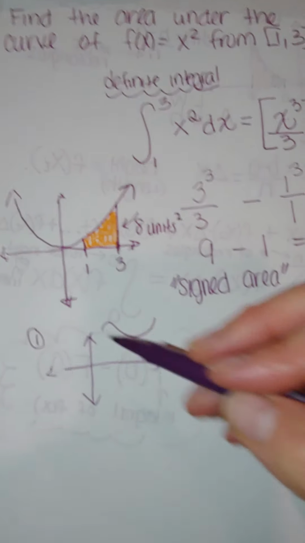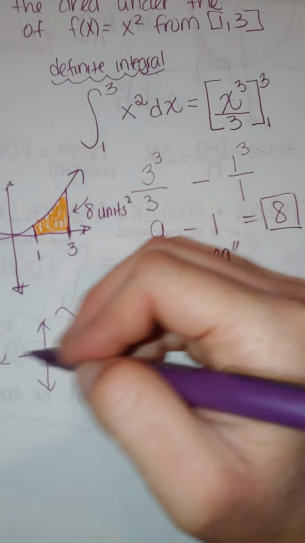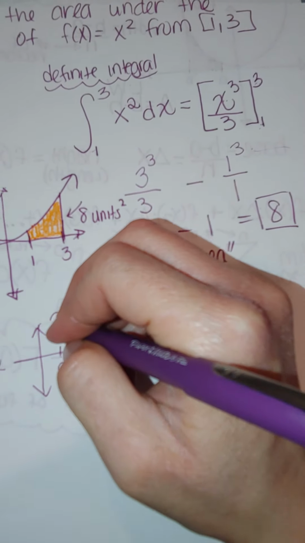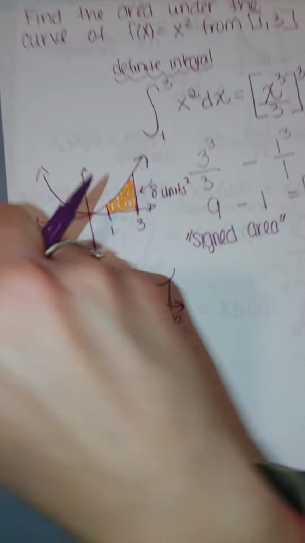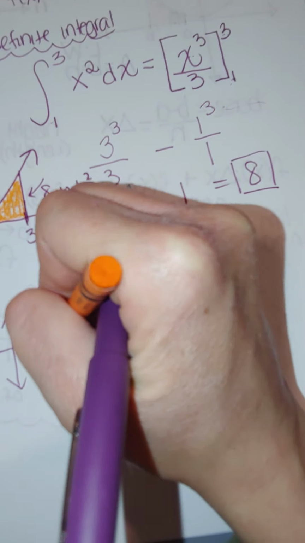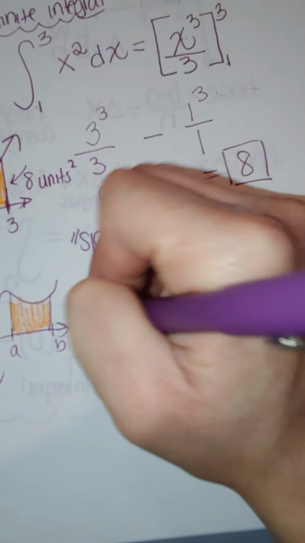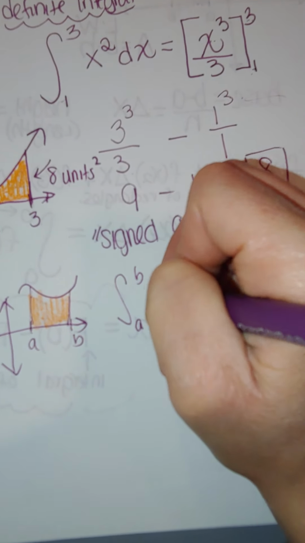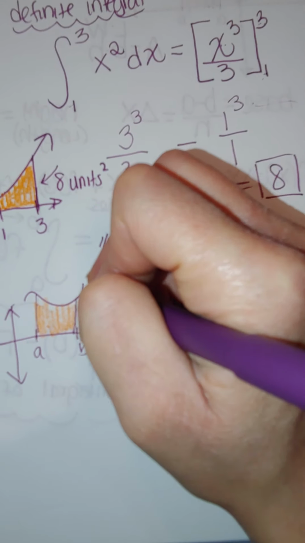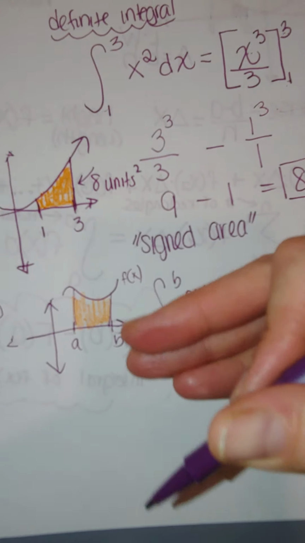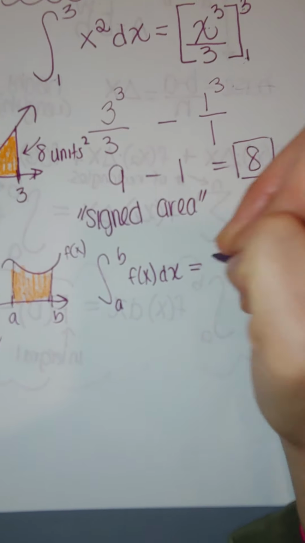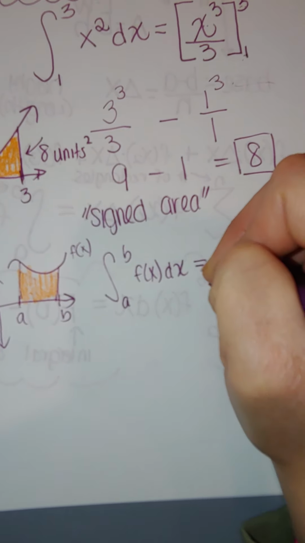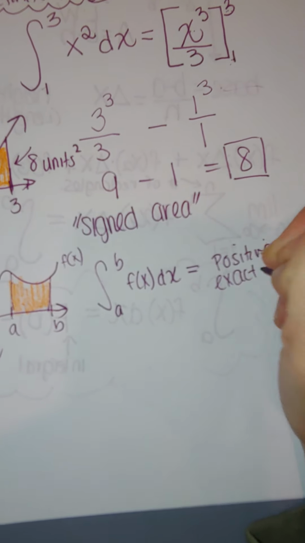If you have a curve and you're completely above the x-axis, and you take an interval, and you look from here to here, if you take the definite integral from a to b of f of x dx, because it's completely above the x-axis, you're going to get a positive answer, which is going to actually give you the exact area.